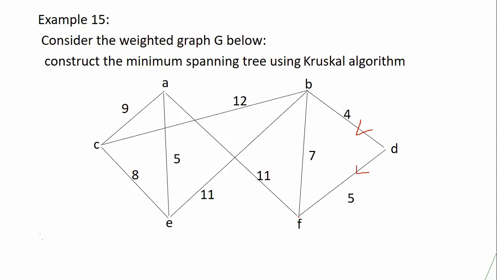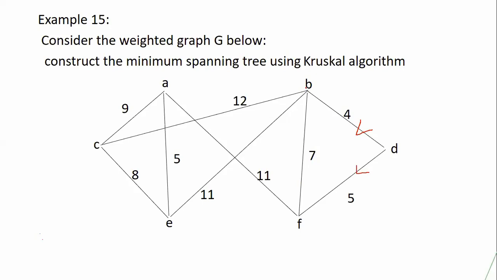Now BF is also adjacent to A and B. You have A here, you have B also here. Now you can see that 7 is the least among 7 and 11. But if you take 7, we get to B, and we have formed a cycle.